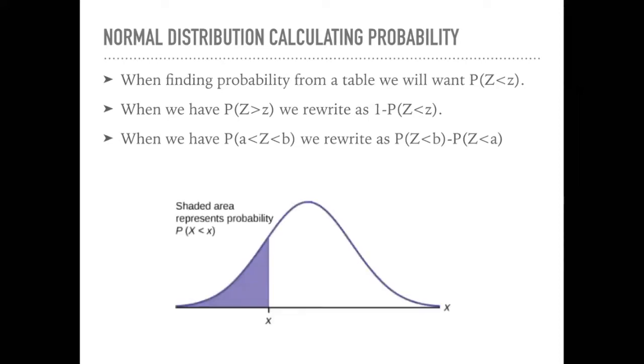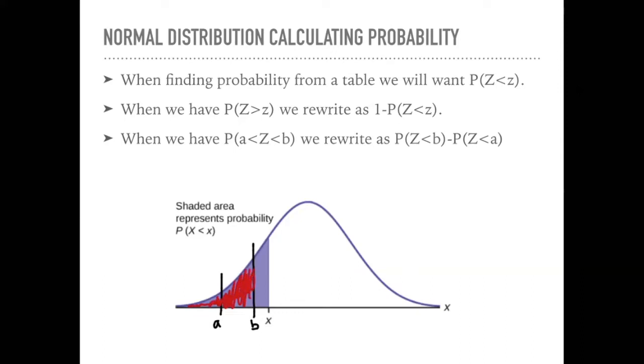So what your table is doing is it's giving you the area to the left of some line, and say that we had some A and B here. We wanted to find the area between them. So probability that z is less than b is going to give us all of that area there in red.